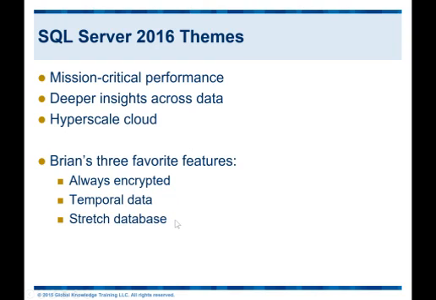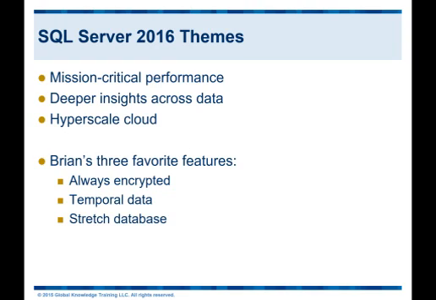And then the third feature I want to show you is the stretch database, and this is the ability to offload your historical tables and your historical data up to the cloud for occasionally accessed use. And so you keep your most active tables on premises, local, high performing, but maybe you want to offload these large historical tables to the cloud, so you have a hybrid approach.